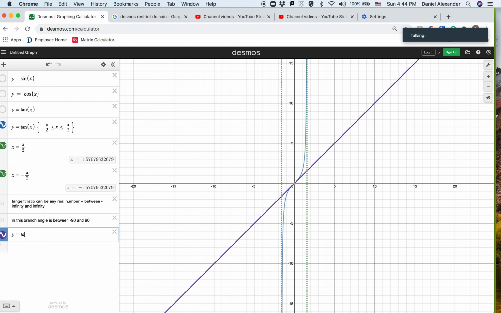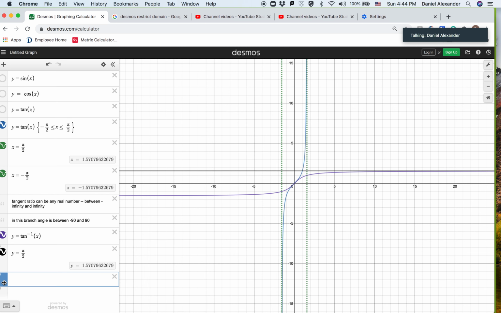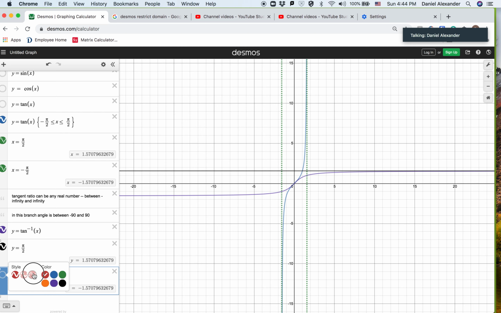I know right now it's going to look pretty ugly, but we'll clean it up in a second. I want this to be dotted, and red's a good color. Let's use red, and here I'm going to use red too.